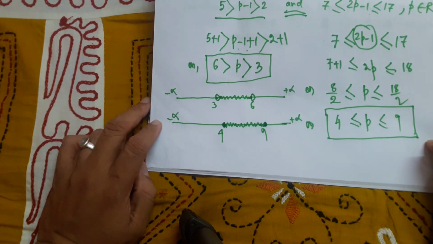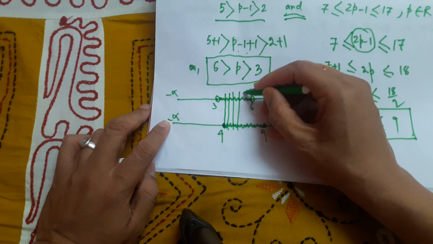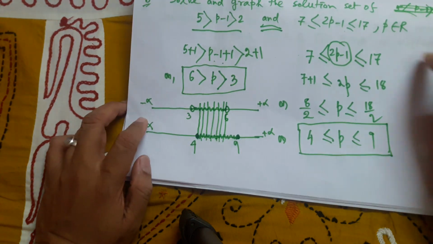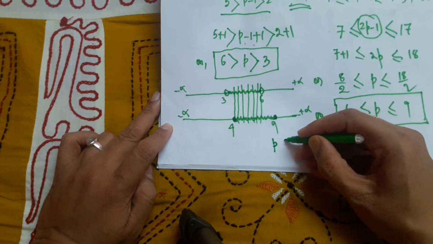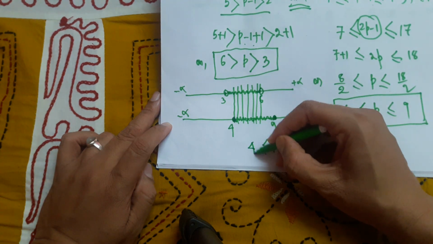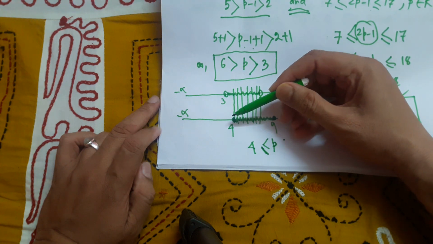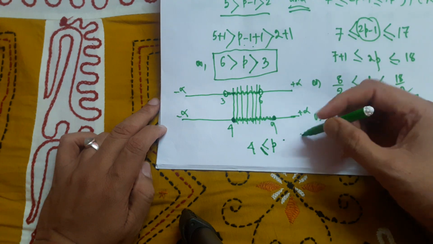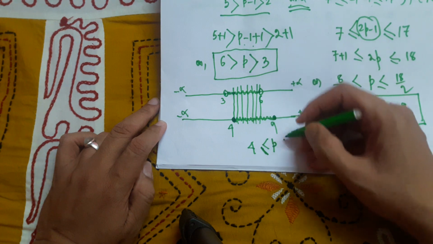So we have to take intersection. Intersection means common. So answer will be, here p belongs to real number, so p will be greater than or equal to 4, because here closed circle in 4 and here also 4 is there, and 6 here open circle but here is closed circle, so common will be open 6.